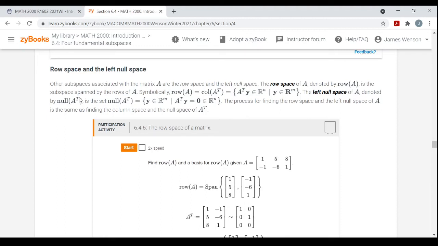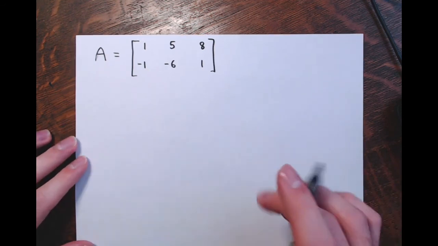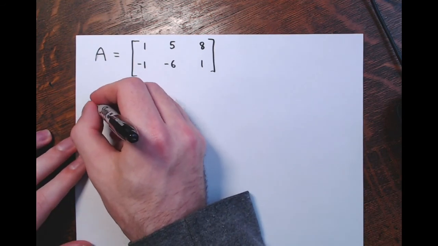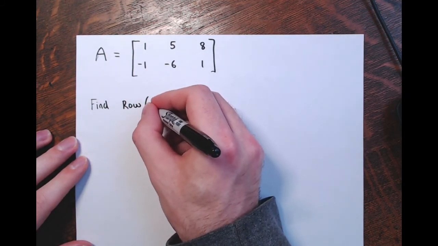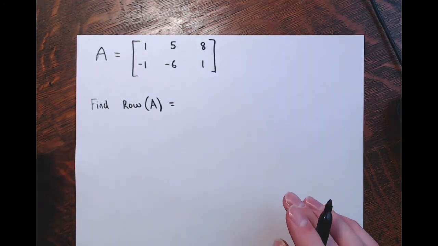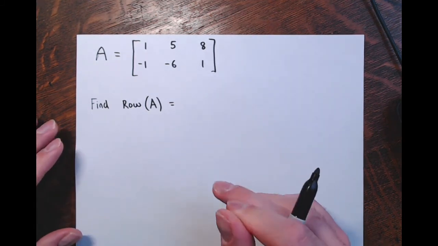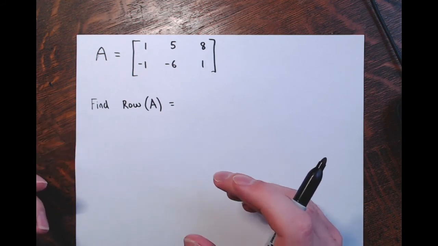All right, so let's take a look. They gave us this same matrix, and I'll write it on paper, and we'll find the row space and the left null space of this matrix. Okay. So they say, let's find the row space. Now, just like column space, the row space is just all the linear combinations of the rows.